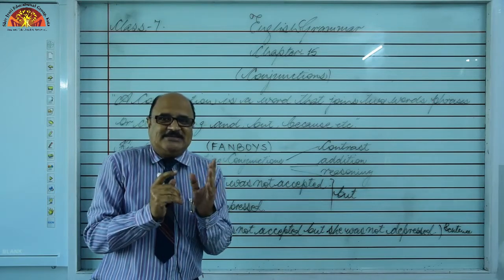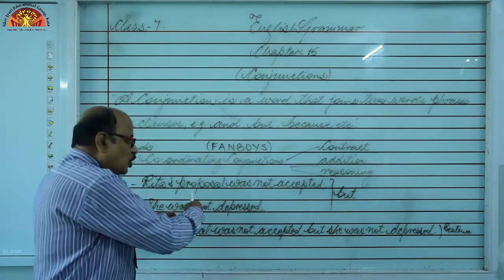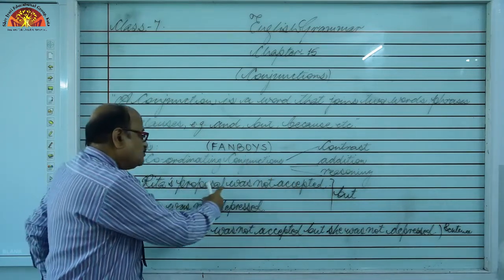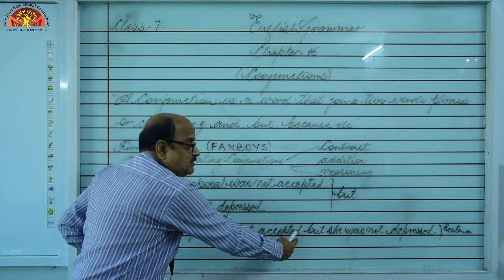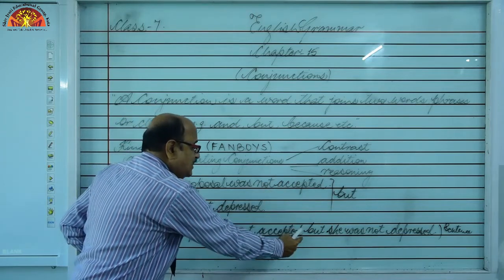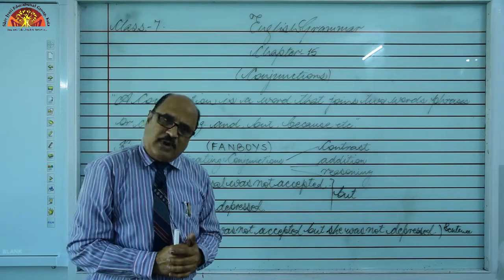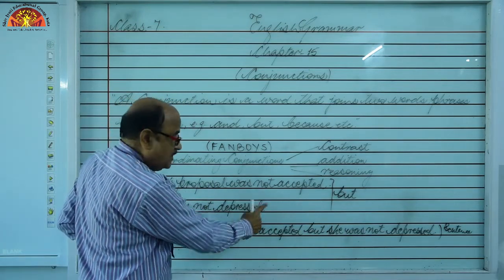In a sentence, no other sentences are there, right? We have joined them and we have made another sentence. So, Rita's proposal was not accepted. You can see. So, now this part is not known as sentence. It is a sentence here, but it is not a sentence. It is a clause, right? She was not depressed. This is a sentence, right?